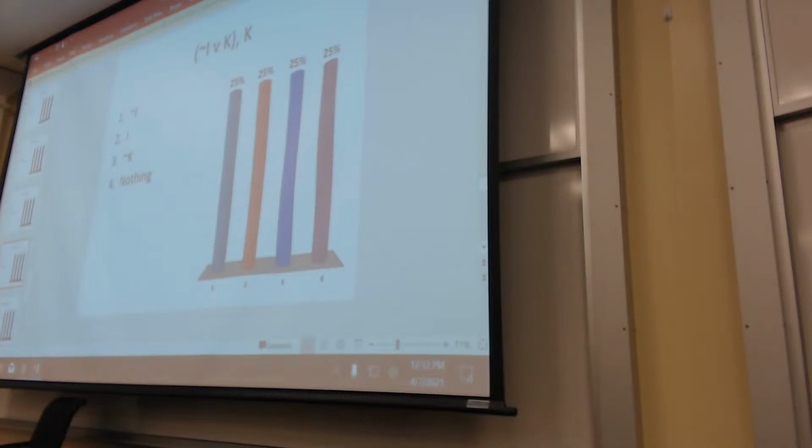That's correct, nothing. The or tells us we're looking for the opposite, and the K is not the opposite, the K is the match. So because we don't have any opposites, we can't infer anything.